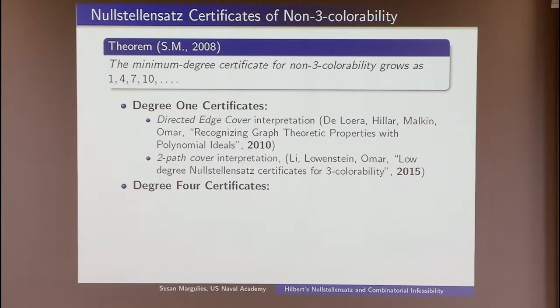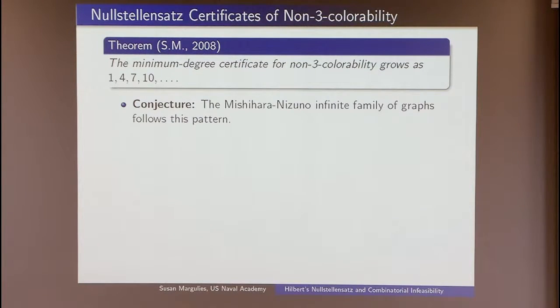Now, what about degree 4 certificates? The next most simple number. But it turns out that this remains an open question. The combinatorics here is not yet understood. We do know, however, that there is a family of graphs that follows this pattern. It's the Mizuno-Nishihara infinite family of graphs.